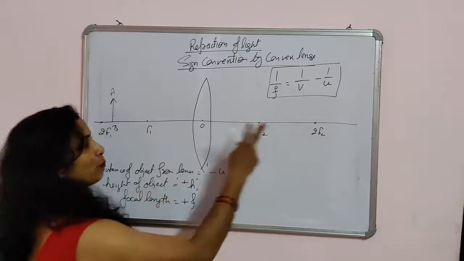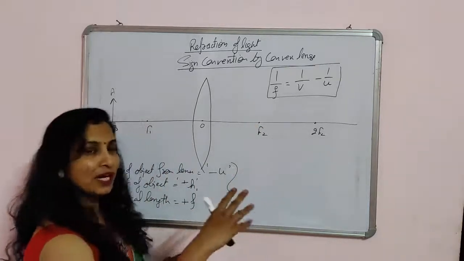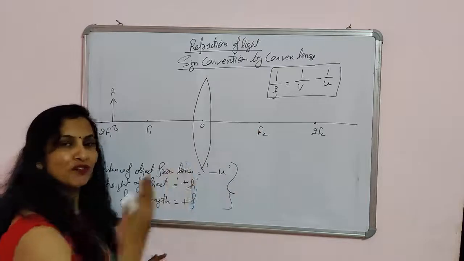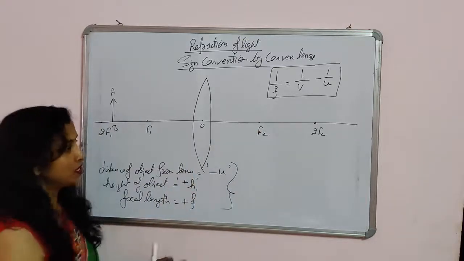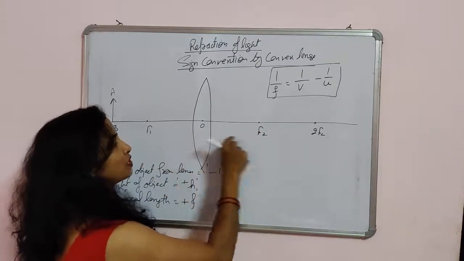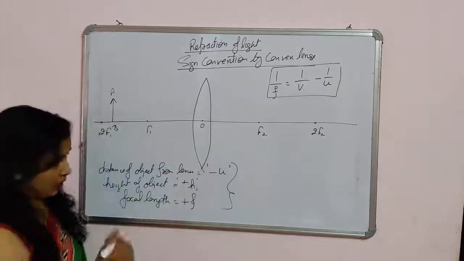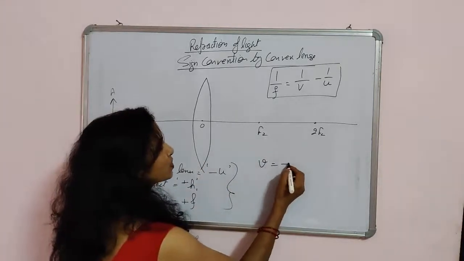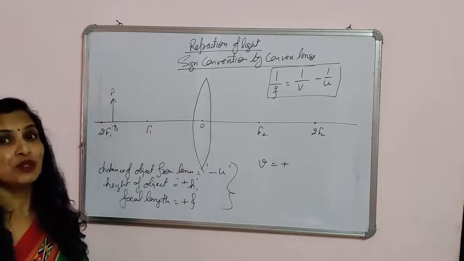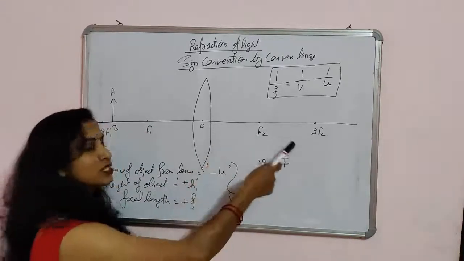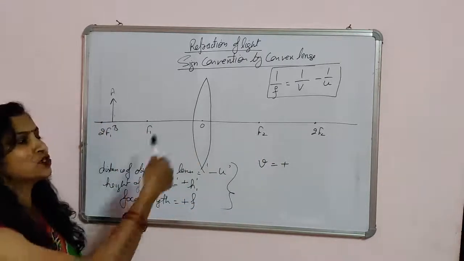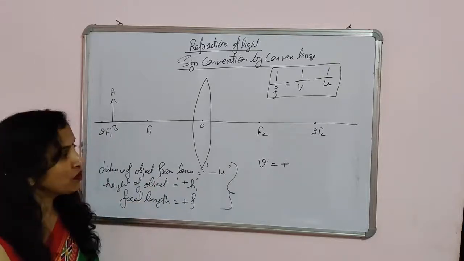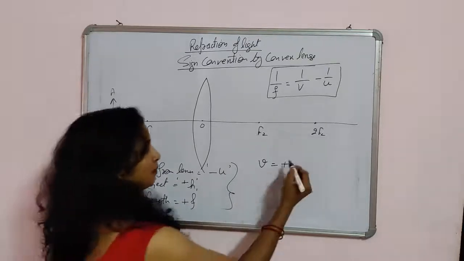So, if the image is obtained towards this side, we know that the image obtained towards this side is always a real image. It means the distance we measure towards this side is positive. If you have v positive, it means we are measuring the distance from the lens towards this side, which is always positive. So we will say v positive is a real image.